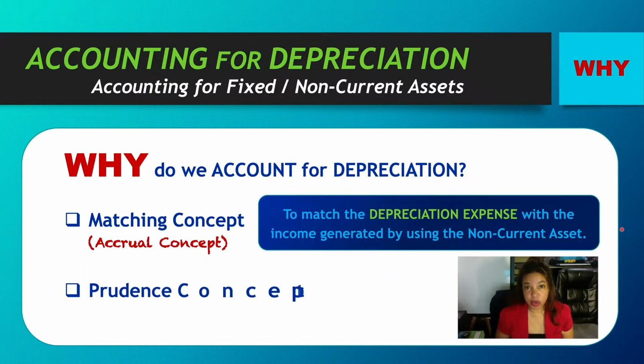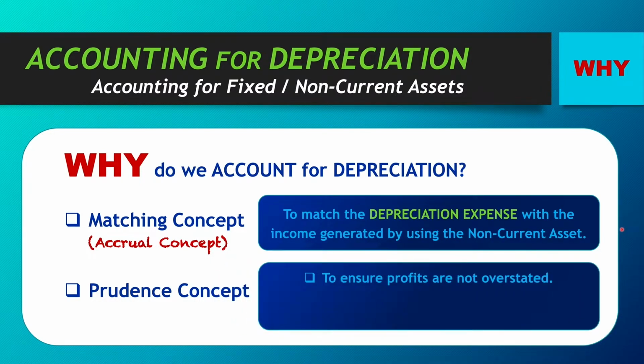The second rule or concept that requires us to account for depreciation would be what we call the prudence concept, also known as conservatism. The prudence concept states that we are not to ever overstate our profits.